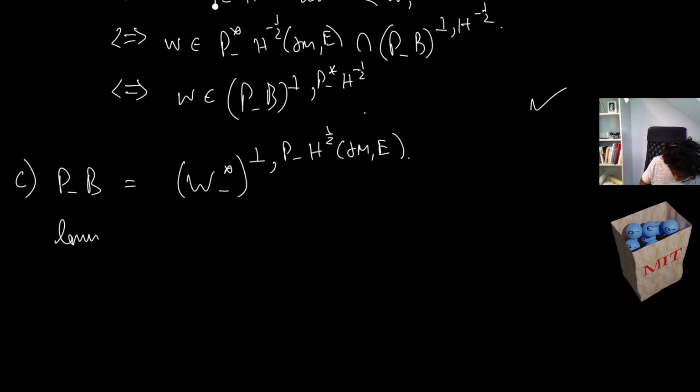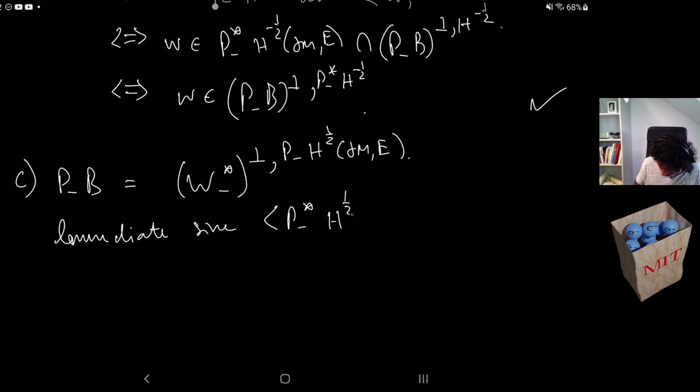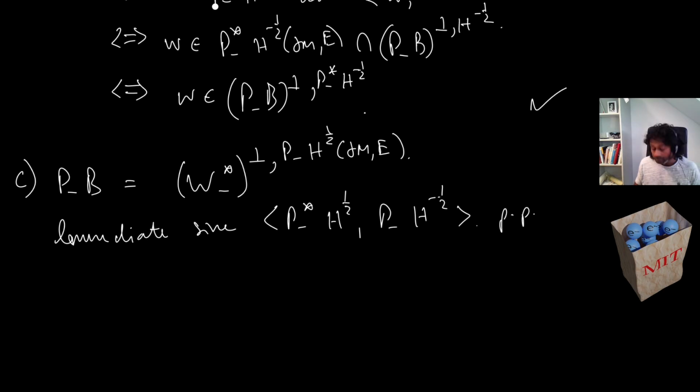Immediate. Since, well, we mentioned that P minus of the half and the P minus H minus a half are a perfect pairing. Okay? So we already have this. Okay, and all right.